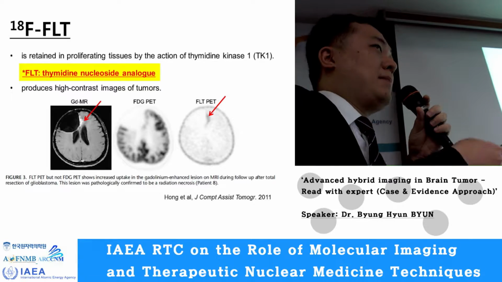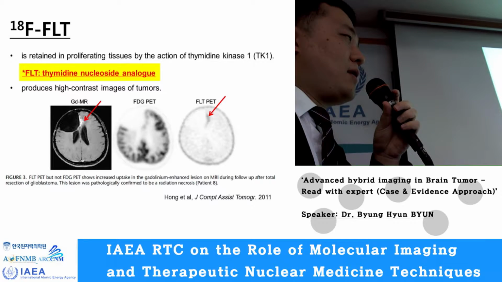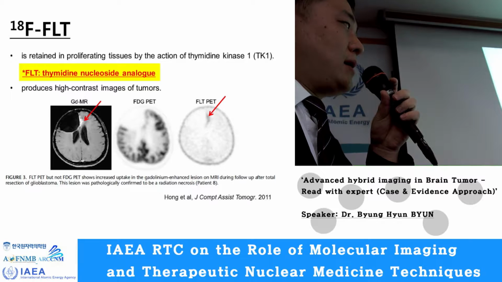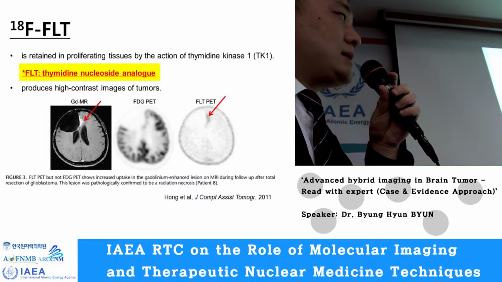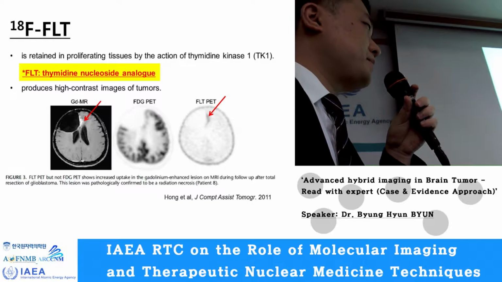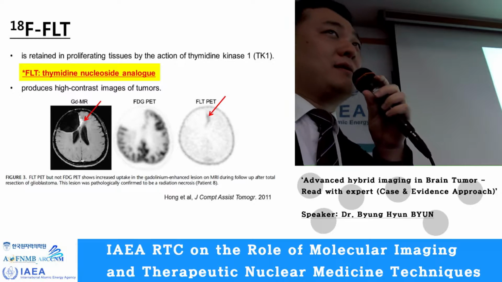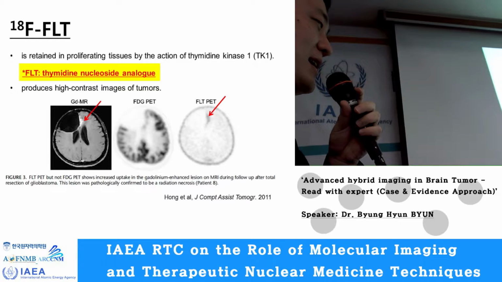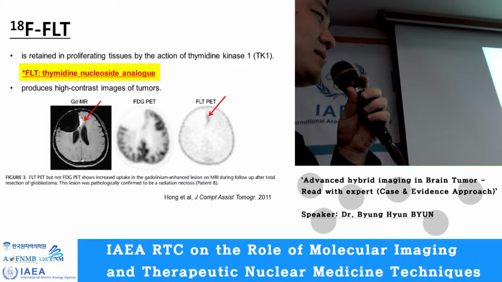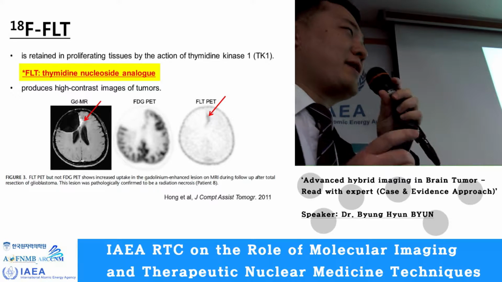Actually, there may be some uptake, but it was not differentiated from normal parenchymal uptake. However, there was significantly increased uptake on FLT PET. So someone may think that this is a tumor recurrence, but actually, this region was pathologically confirmed to be radiation necrosis. It was not tumor recurrence.